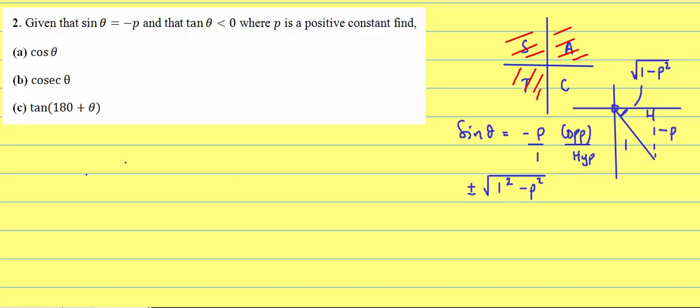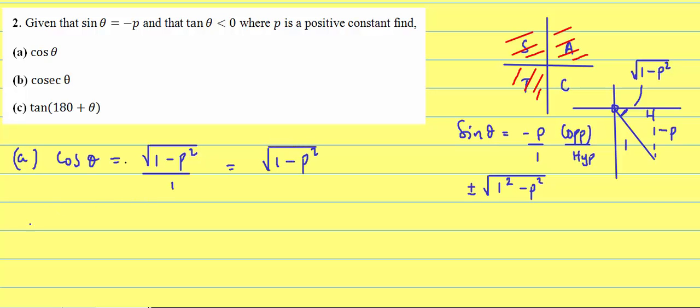Now I am in a position to answer the required questions. If I'm looking for cos theta, it is going to be the adjacent side, which is the square root of 1 minus p squared, divided by the hypotenuse, which is equal to 1. So I could just say that cos theta is the square root of 1 minus p squared.